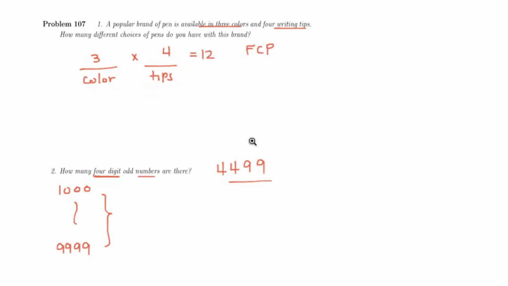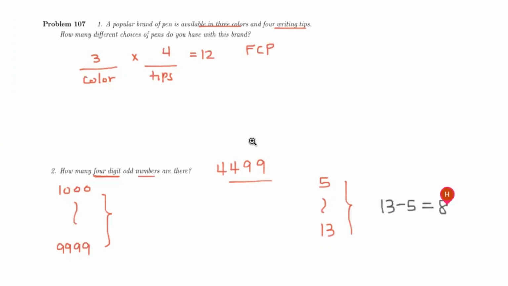Let me make it easy for you. Suppose you have number 5 through number 13. How many numbers from 5 to 13, inclusive? Most of us compute 13 minus 5, and we have 8 numbers.